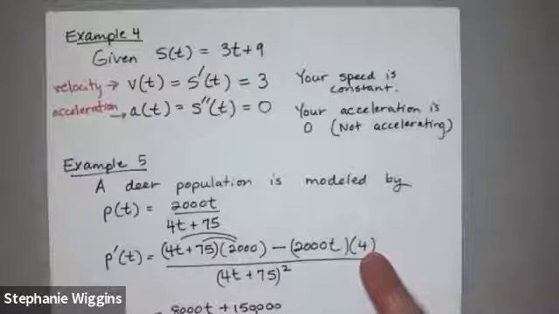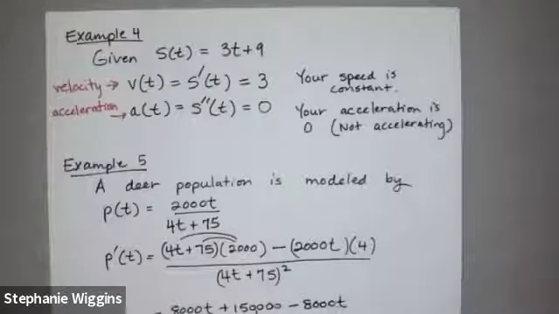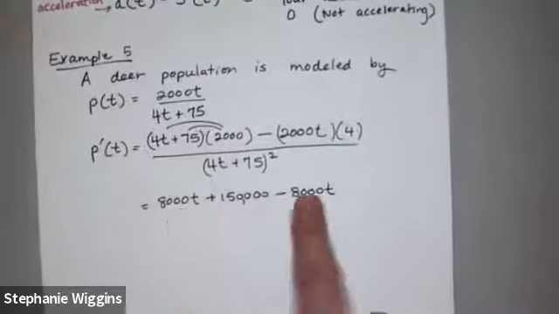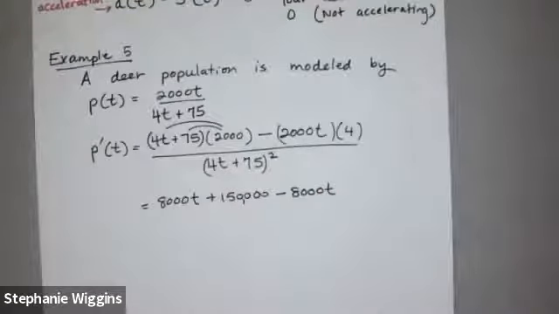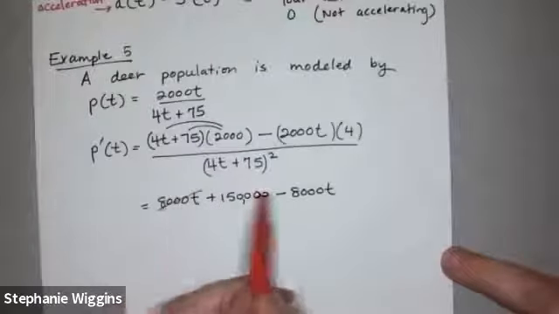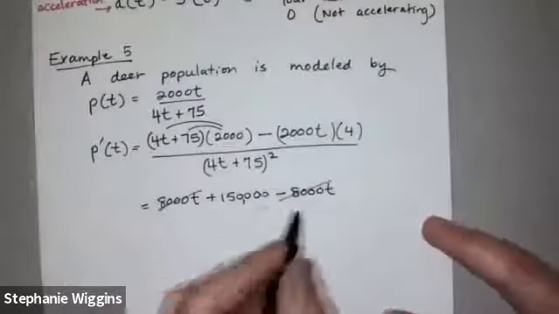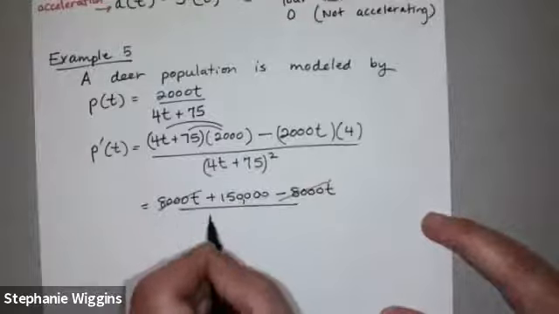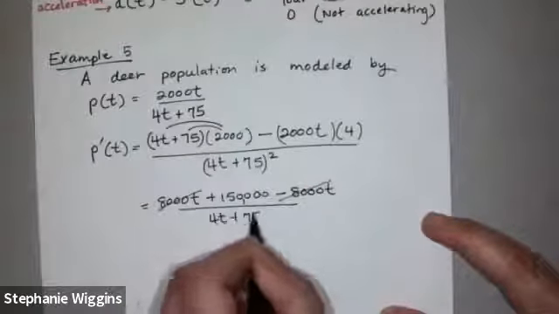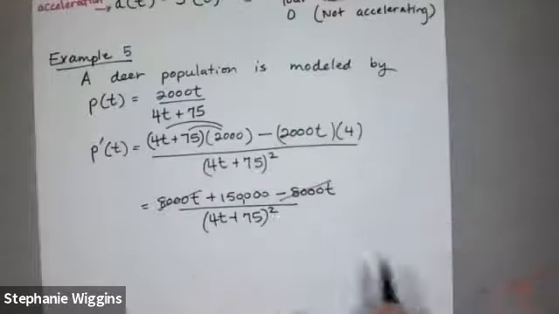And then here we have minus 8,000t, because 4 times 2,000 is 8,000t. So the 8,000t minus the 8,000t cancel. And that's all divided by the 4t plus 75 squared.